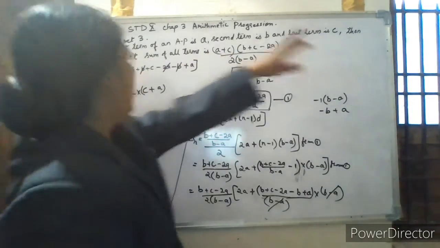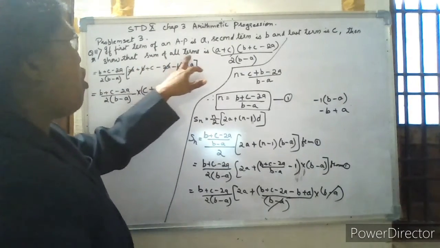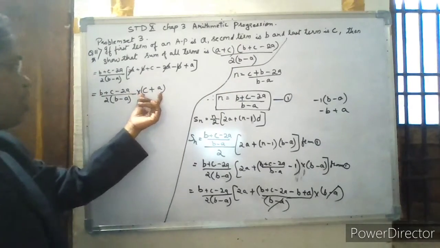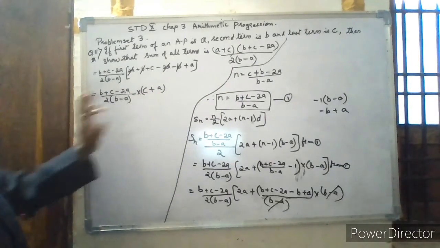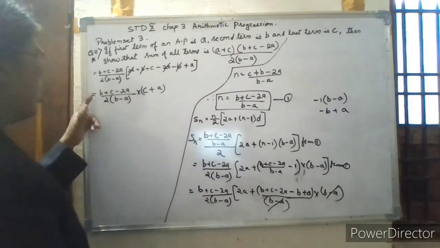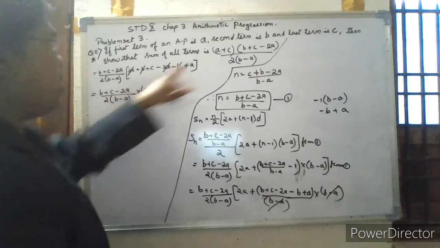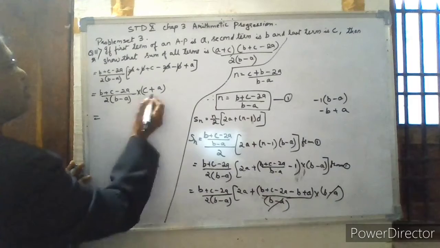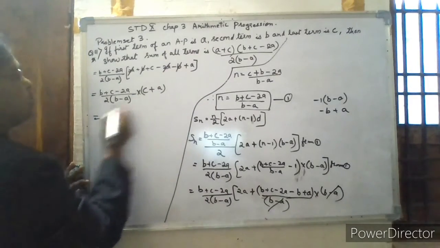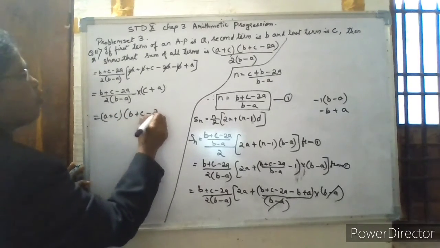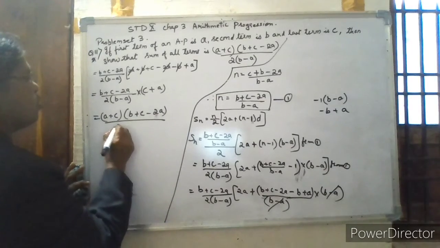Then the sum of all terms is a plus c into b plus c minus 2a upon 2 into b minus a as it is. We can write it in the needed form of the question: a plus c into b plus c minus 2a upon the whole thing 2 into b minus a.